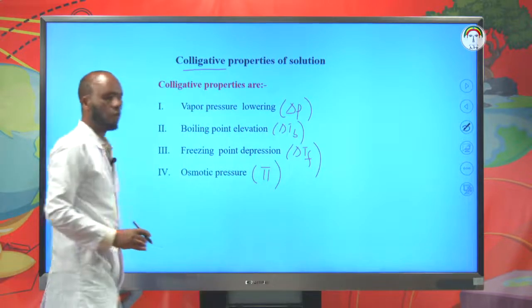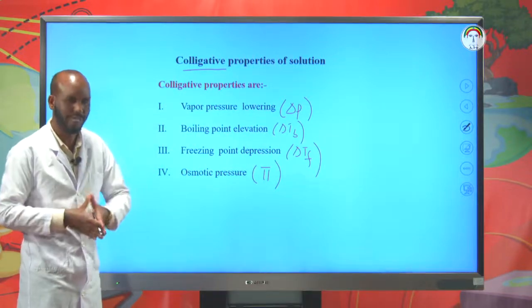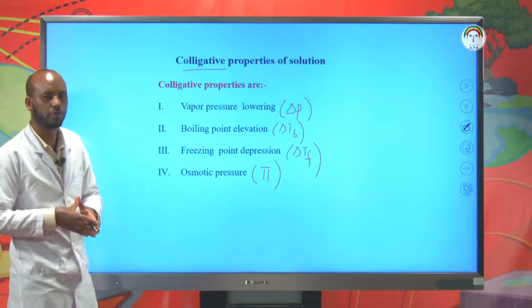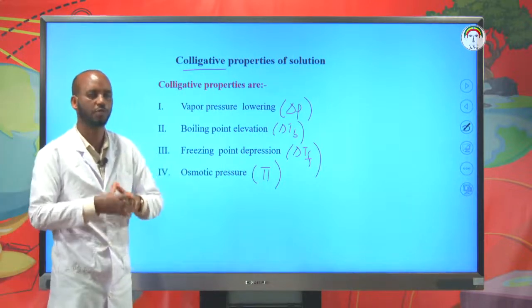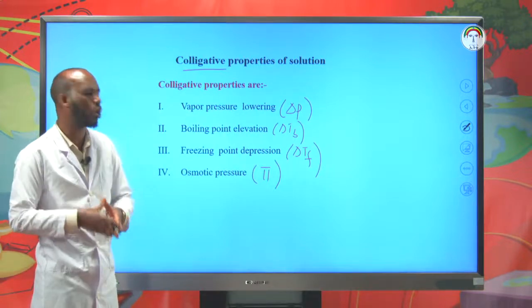These are the 4 most important colligative properties of a solution that depend on amount of solutes or concentration of solutes, regardless of the kind or nature of solutes.